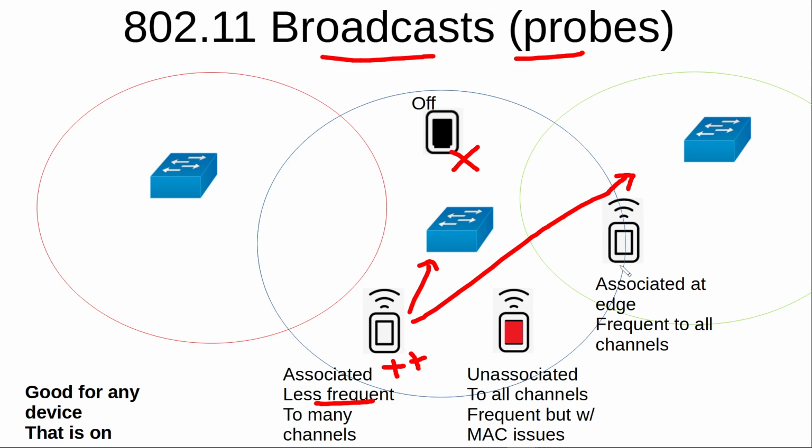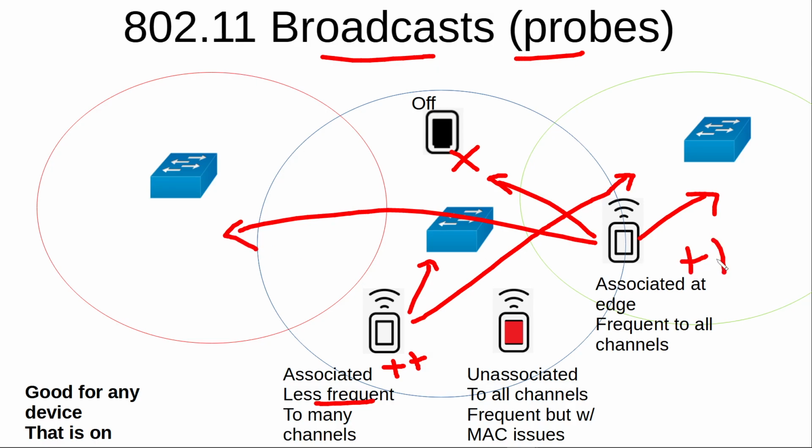If your device is approaching the edge of a cell, then this device will start sending probes to several channels. So this behavior is good in order to provide location, but it only happens when your device is approaching the edge of the cell.